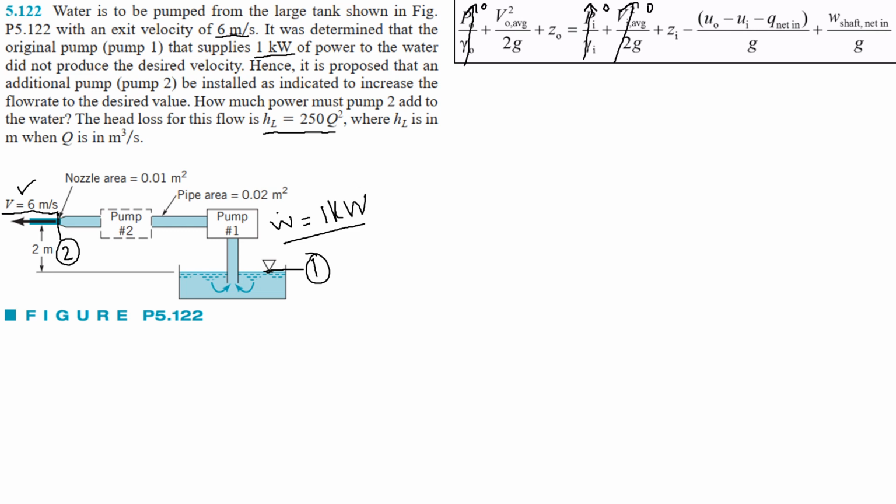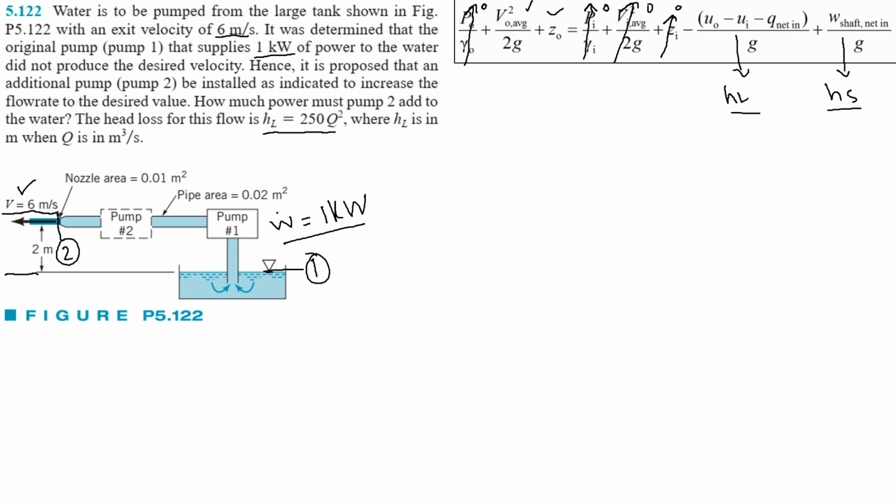At section 1, the height will also be equal to 0, because if this is our datum, then Z1 will be equal to 0. So we are left with these terms, that is V2 square divided by 2G, Z2, and this is our losses due to friction, and this is the losses due to shaft work head.